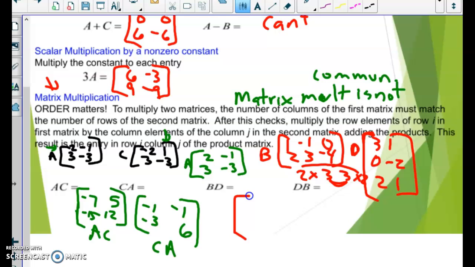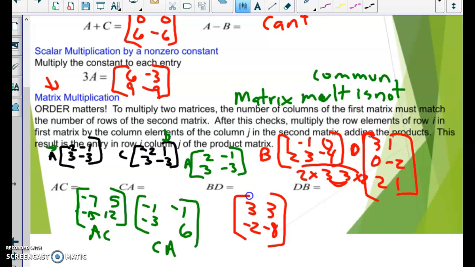If I take the first row times the first column, I get 3 plus 0 gives me 3. First row times second column gives me 1 plus 2 plus 0. Second row times first column gives me 6 plus 0 plus negative 8. And second row times second column gives me 2 minus 6 minus 4.